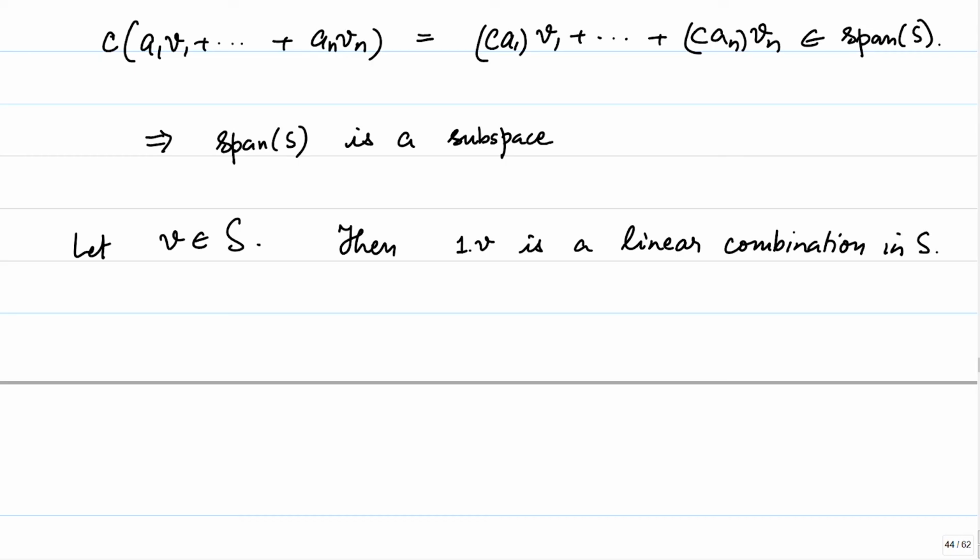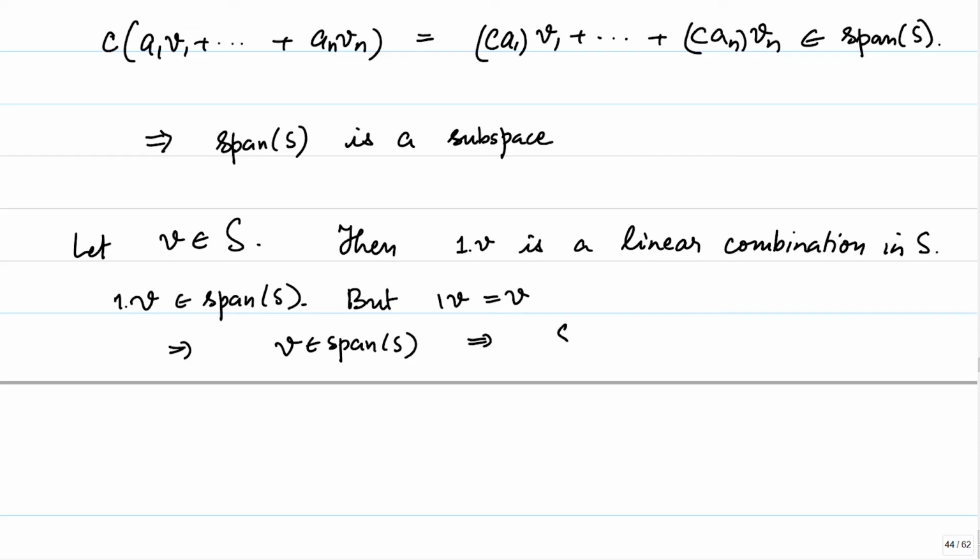But 1 times v is just v, since 1 is the multiplicative identity. So this gives v belongs to span of S. So every element in S is in span of S. This implies S is contained in the span of S.